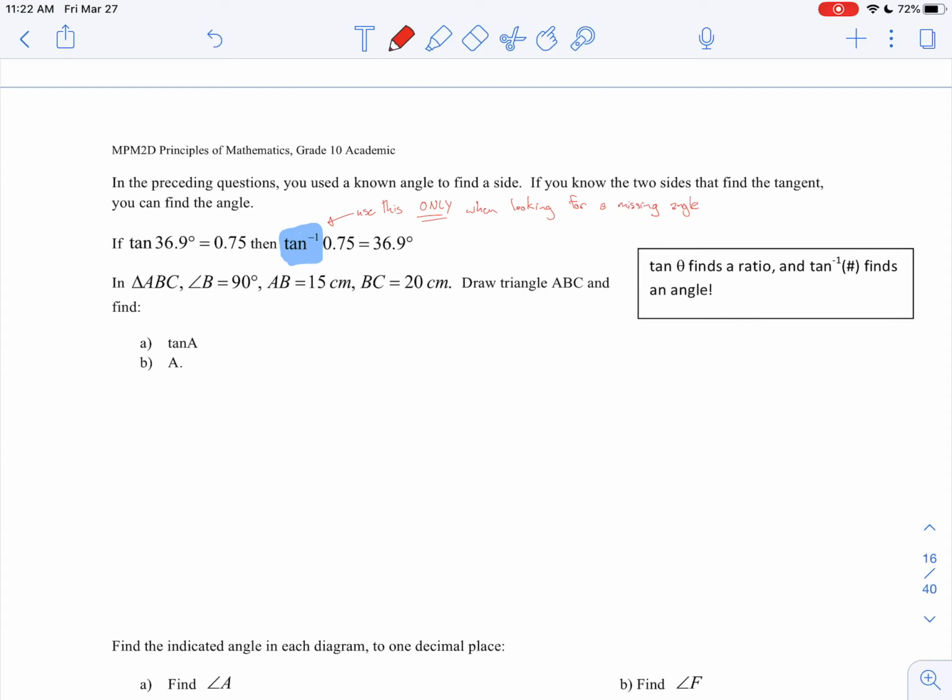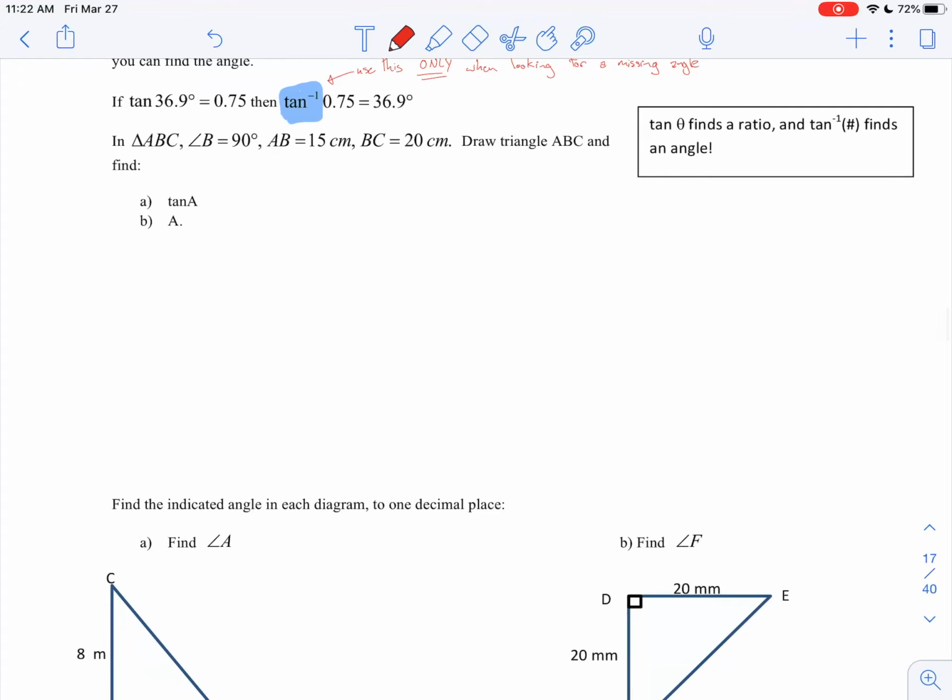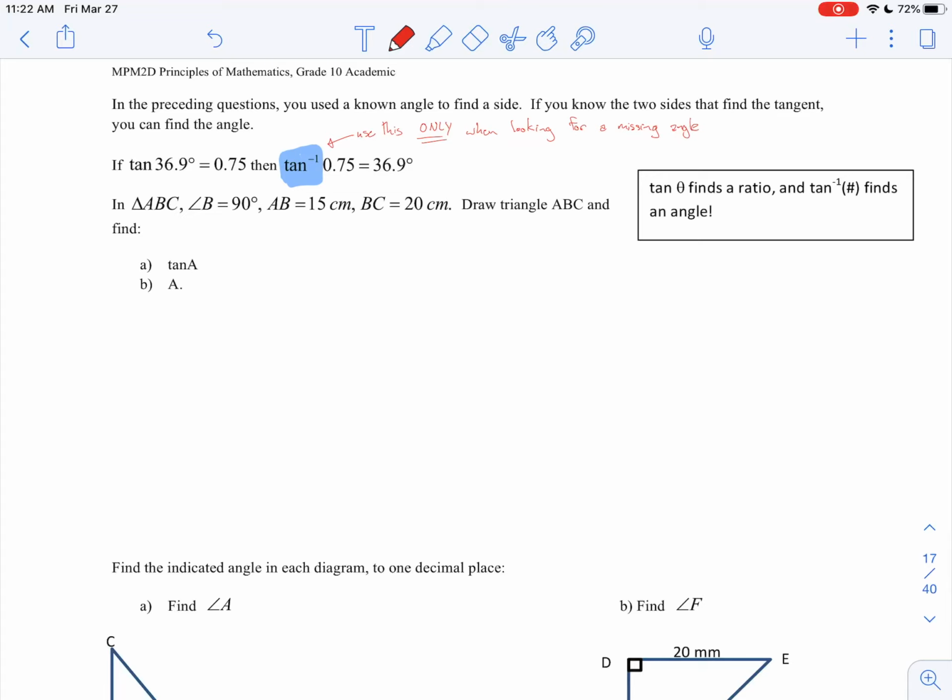So we're going to solve for some missing angles in the next couple problems here. Once again, if you're pretty comfortable with this from Khan Academy, you want to fast forward, play at 2 times speed, or just fast forward to the end and do it by yourself and check your answers, absolutely okay with that. So they're giving us a triangle ABC where angle B is equal to 90 degrees. So I'm going to draw a typical right angle triangle here.